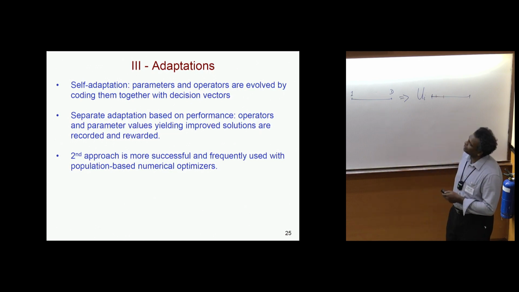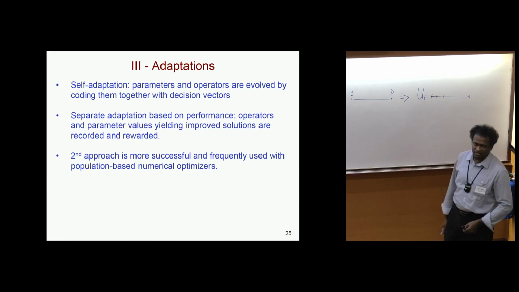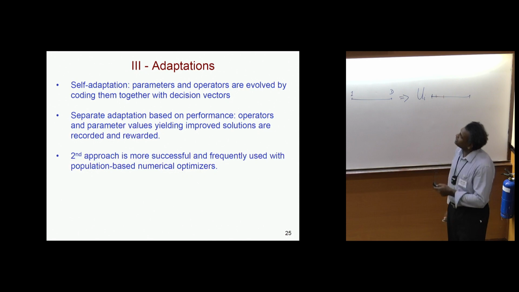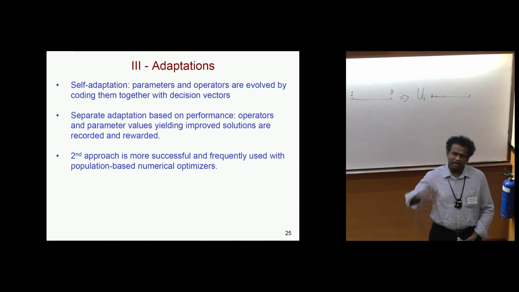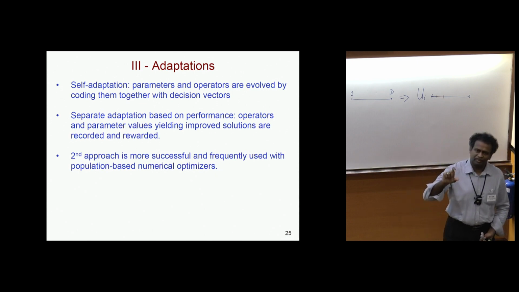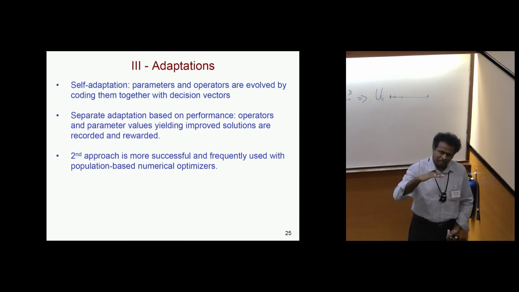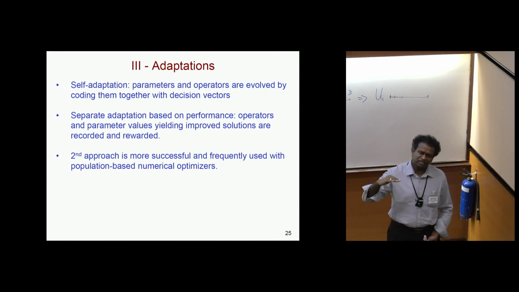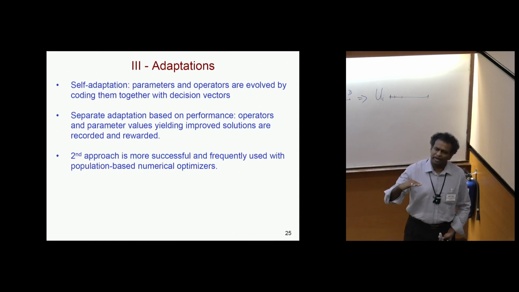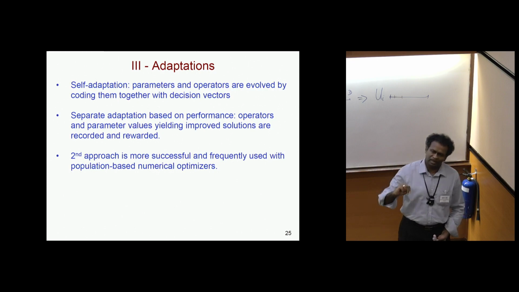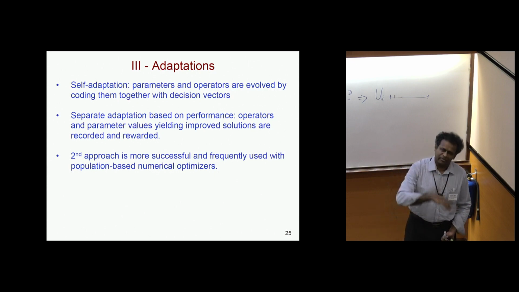That is known as the self-adaptation, but then you have something called separate adaptation based on performance. So, usually this separate adaptation is more effective. That means for every operator, every parameter value, you can try to identify how many times this operator is generating a better solution. You use one particular mutation equation and then see how many times this mutation equation is generating improved solutions. If a particular mutation operator is generating improved solutions more frequently, then you want to use it more frequently later on as well.